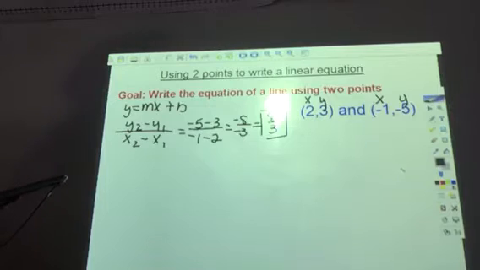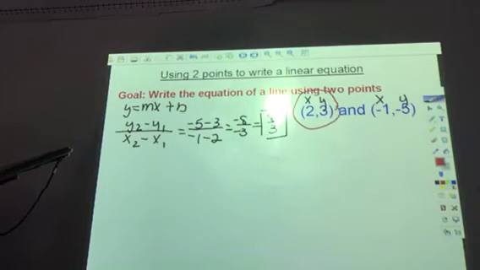The next thing I'm going to need is my y-intercept. To get the y-intercept, I would have to choose one of my points. It doesn't matter which one I choose, but I do want to make it easy on myself mathematically. So I'm going to choose (2, 3). Therefore, I'm going to begin to substitute into slope-intercept form.